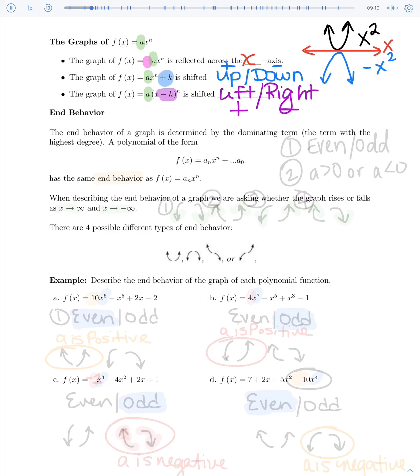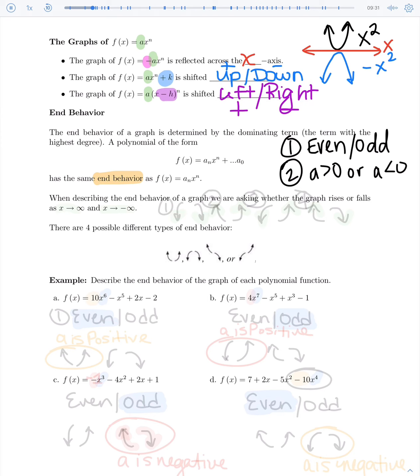So the first thing that we're going to worry about is even versus odd. And then the second thing we'll worry about is whether or not our A is positive or negative.